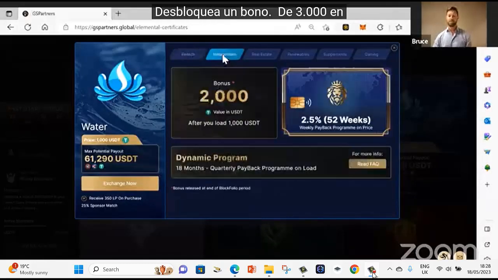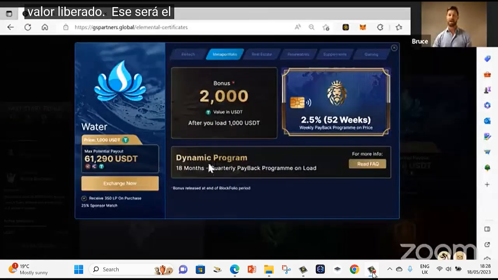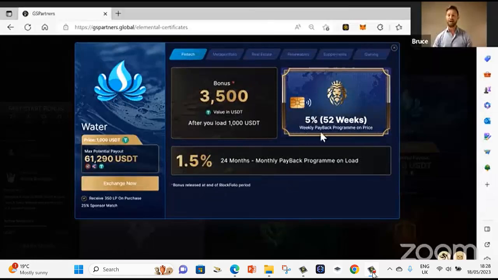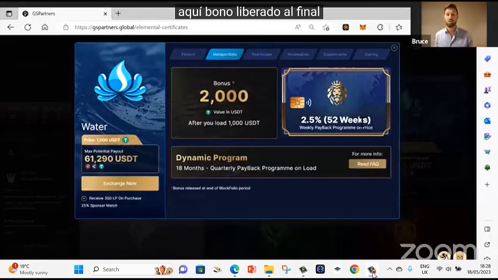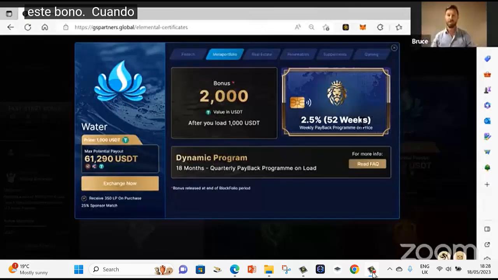I'm going to get a bonus of 2,000 at the end of 18 months. And I'm also going to have unlocked 5% on the price and a further 2.5% on the price for a 52-week period. That is possible if you choose to load both blockfolios with crypto capital.